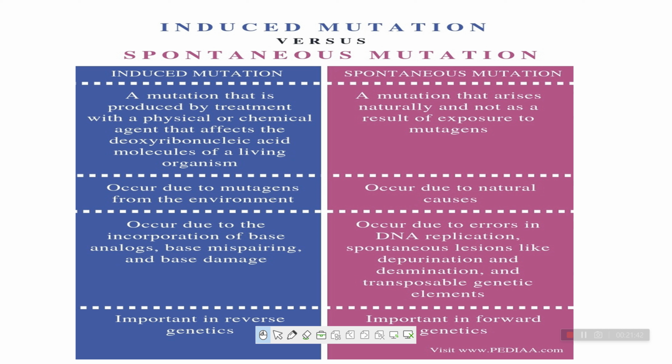Next is induced mutation and spontaneous mutation. What is an induced mutation and what is a spontaneous mutation? Induced mutation means the alteration of the gene occurred by radiation, a chemical agent, or a physical agent that affects the deoxyribonucleic acid molecule of a living organism.